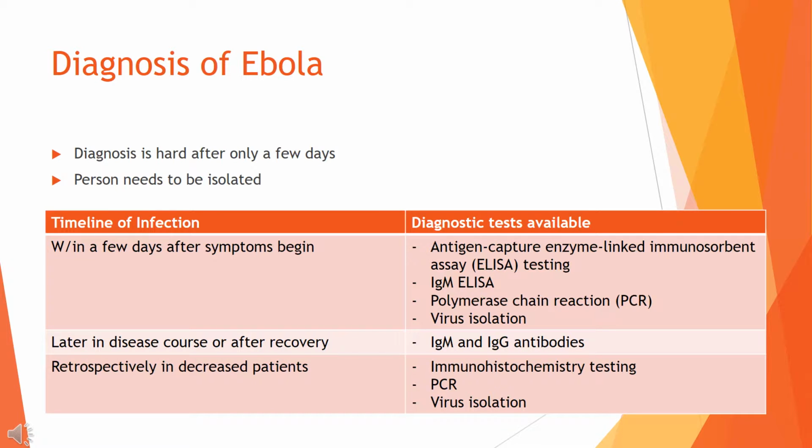Diagnosing Ebola in a person who has been infected for only a few days is difficult because the early symptoms, such as fever, are nonspecific to Ebola infection and are often seen in patients with more common diseases such as malaria and typhoid fever.